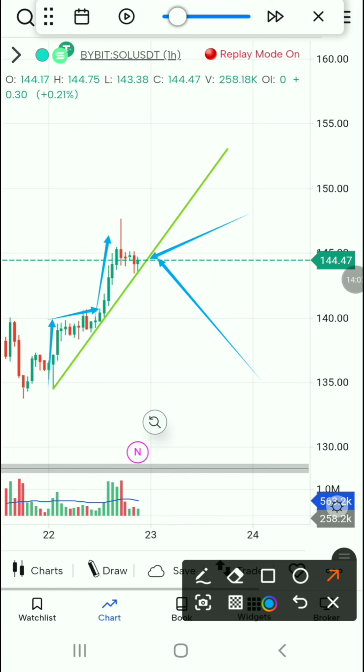But before entering the market, there are things you need to consider, because you might want to ask, how can we tell if the price is going to bounce back or if it will actually break out? This is a very, very important question. You have to confirm whether the price wants to keep going up, or wants to go down and change the market structure.